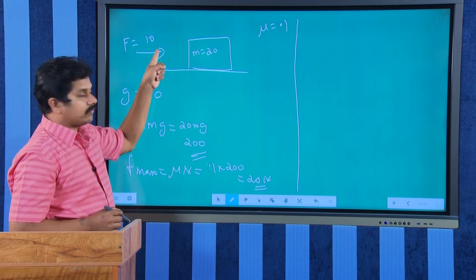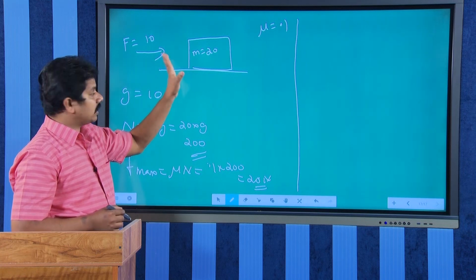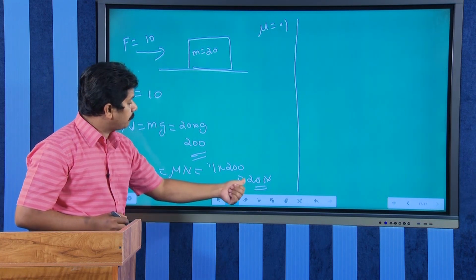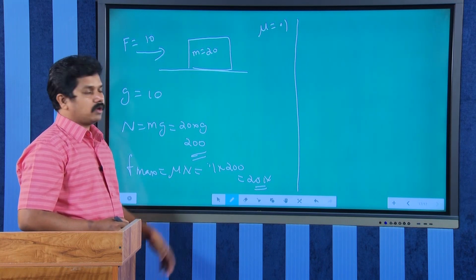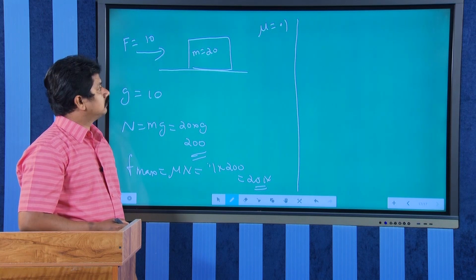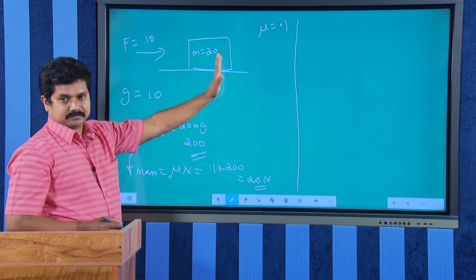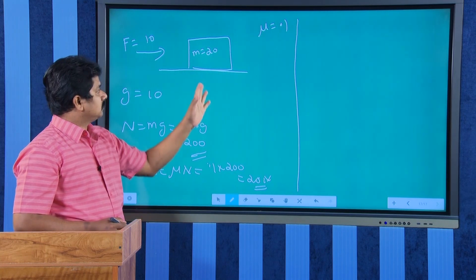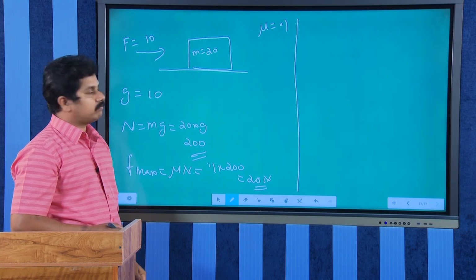But the applied force is only 10 Newton, while frictional force can go up to 20 Newton. What will happen to this block? Friction will be towards left, applied force is towards right. The maximum friction is 20. The block will not move in this case.